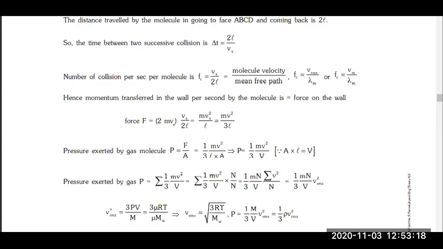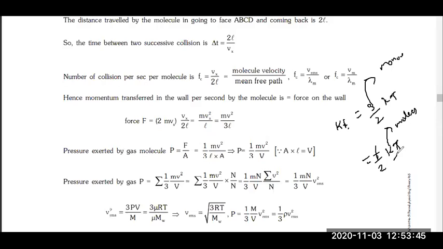You just have to remember the basic formula, which I hope all of you already remember. The basic definition of average kinetic energy is 3 by 2 kT. Now this 3 by 2 is for monoatomic, because this is actually the degree of freedom, which is f by 2 kT. Now when you talk about kT, it is per molecule. Per mole, it is RT. I hope all of you already know these things.